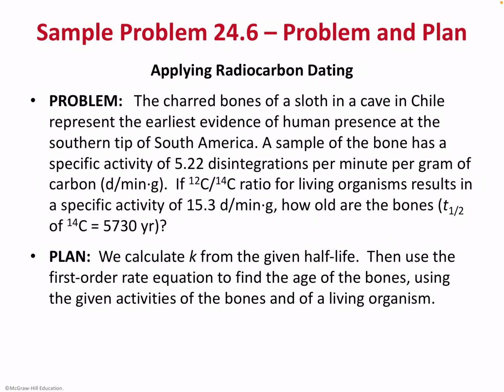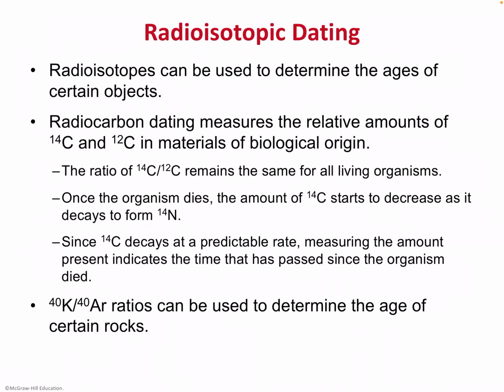Okay. Radioisotopic dating. What is radioisotopic dating? Normally, we use radioisotopes to determine the age of certain objects. Radiocarbon dating measures the relative amounts of carbon-14 and carbon-12 in materials of biological origin.